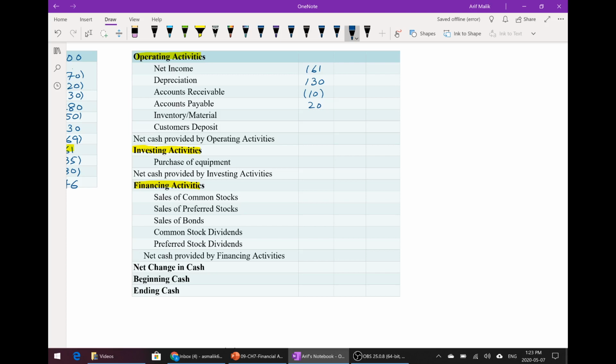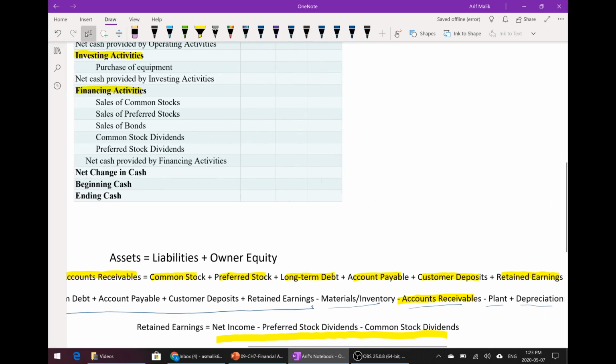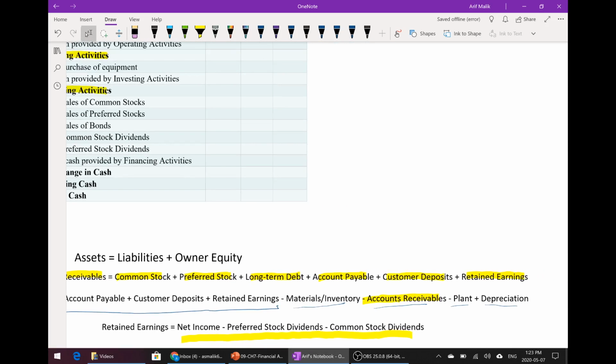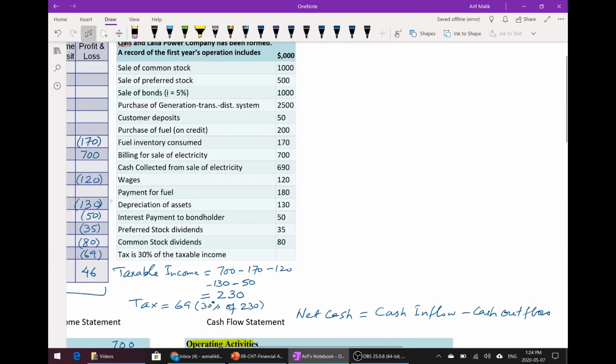Inventory and material, if we look at the equation again, is negative. So how much was the inventory and material?